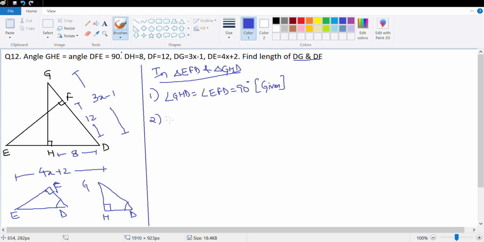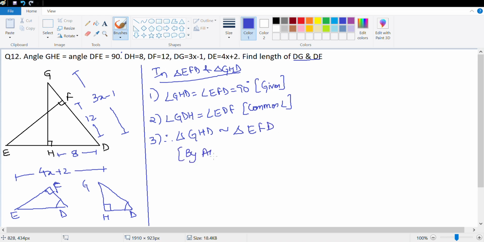And the second part is angle GDH is equal to angle EDF, common angle. Therefore, triangle GHD is similar to triangle EFD. G corresponds to E, H corresponds to F and D corresponds to D. This is by AA test.